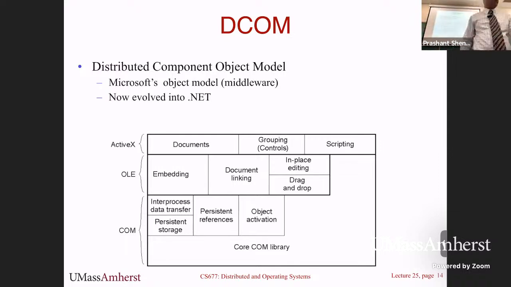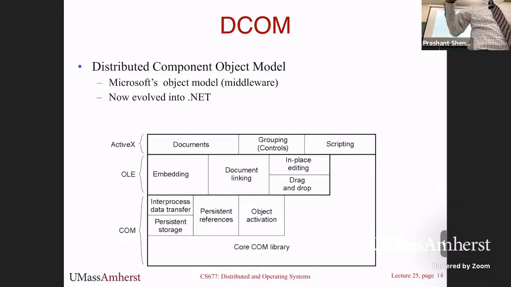Okay? And then on top of that, essentially, they put another layer, which was called ActiveX. Okay, ActiveX essentially allowed you to take all of this and export that as web applications using web servers and so on. So now you can have browsers connect to these applications, and then you can actually see documents in browsers and so on.